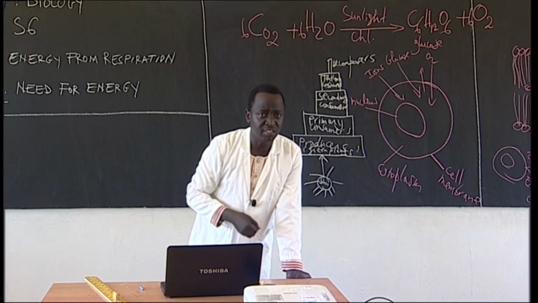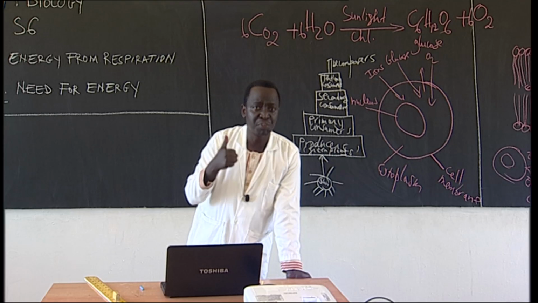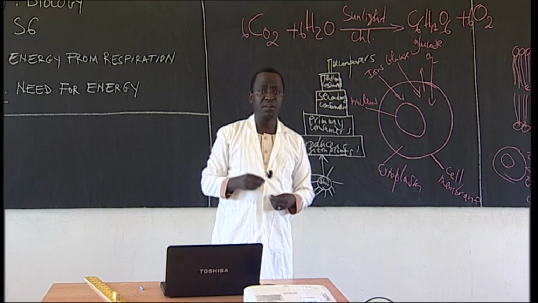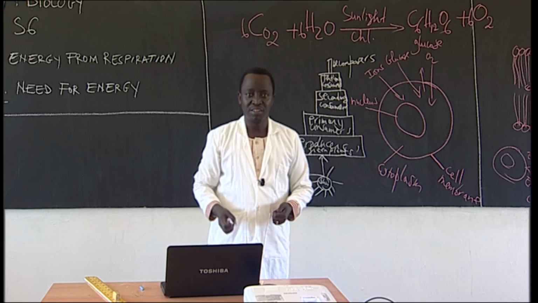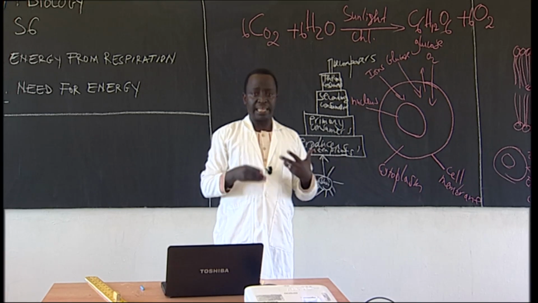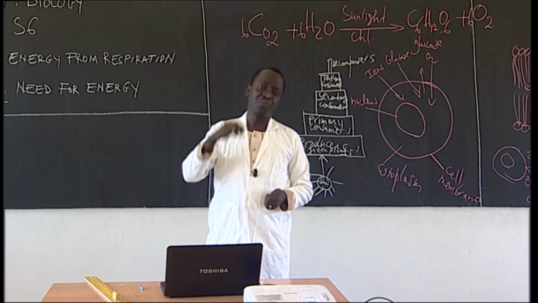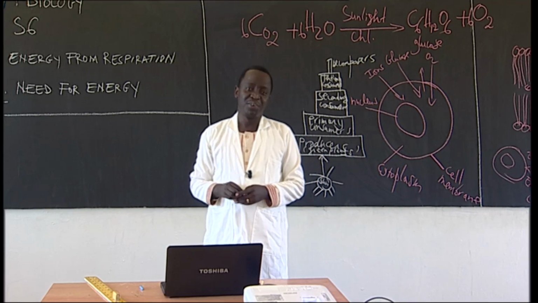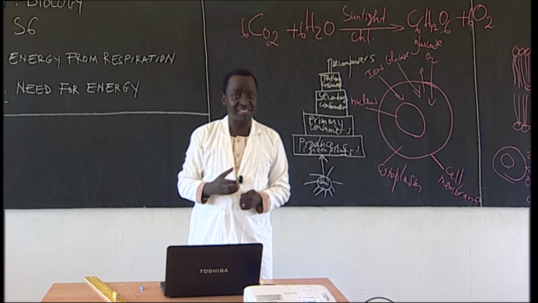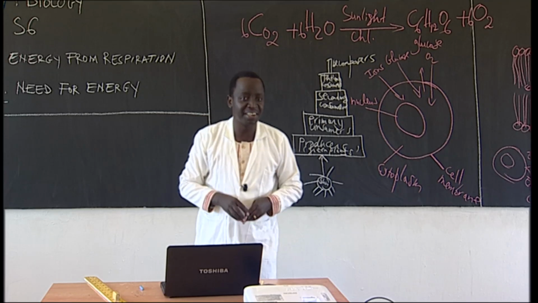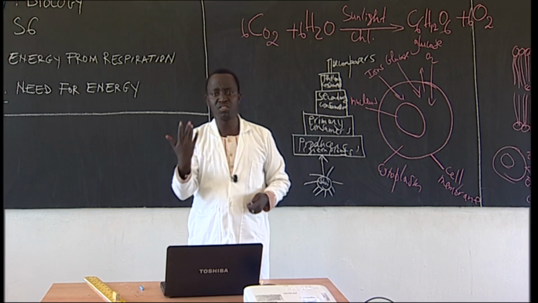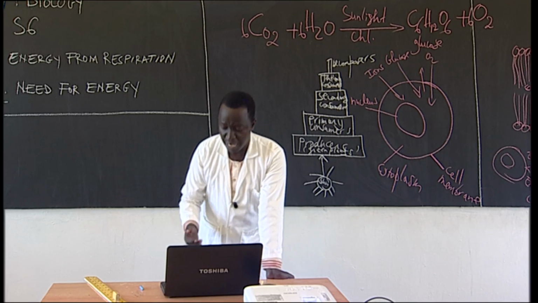A hormone is a chemical substance that is produced by a gland called an endocrine gland to stimulate some body activities, like growth. You cannot grow when you don't have that energy. For that hormone to be produced by the gland, we need this energy. Enzymes cannot be produced without this energy.